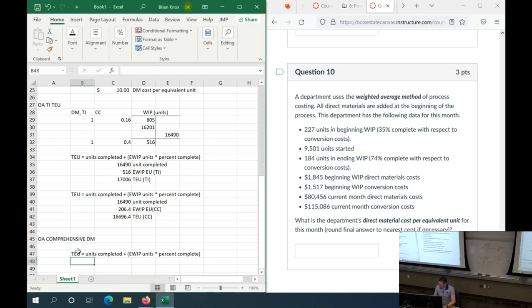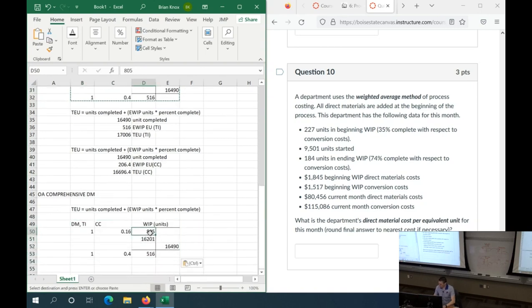So let's create the T account here. All right, plug it in: 227 beginning WIP, and they are 35% complete with respect to conversion cost. We started 9501 units in the period, and we ended with 184 units that are 74% complete with respect to conversion cost.